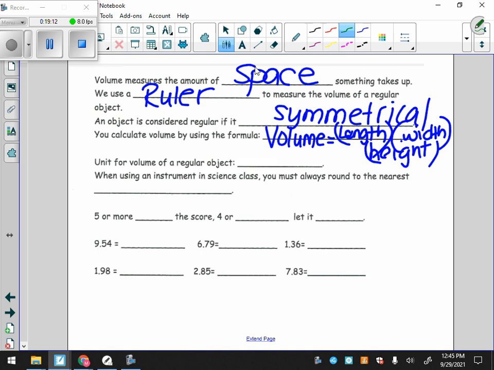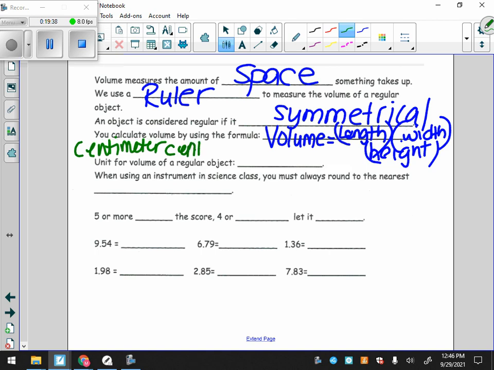Quiet. Please. Listen. Length. Guess what measurement with the ruler? Josh. Centimeter. You don't have to write this. I'm just writing it. Width. Guess what measurement with the ruler? Again. I don't want to write all this.